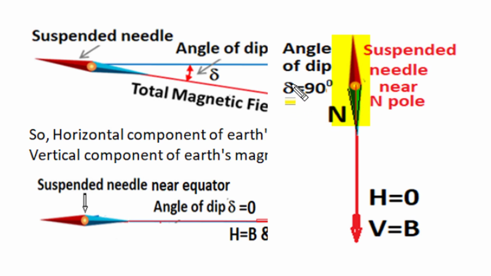At the pole the angle of dip becomes maximum, 90 degrees, and cos 90 will become 0, so the horizontal component of Earth's magnetic field at the pole becomes 0, and the entire resultant magnetic field of Earth becomes the vertical component at the poles. So at the pole there exists only the vertical component of Earth's magnetic field, and at the equator there exists only the horizontal component. Whereas elsewhere, when the angle of dip is neither 0 nor 90 degrees, both horizontal and vertical components of Earth's magnetic field coexist.